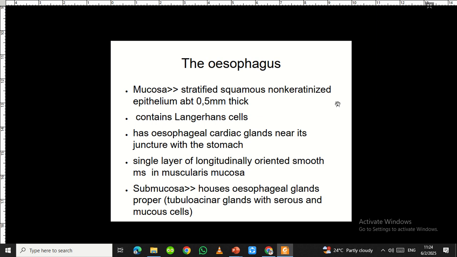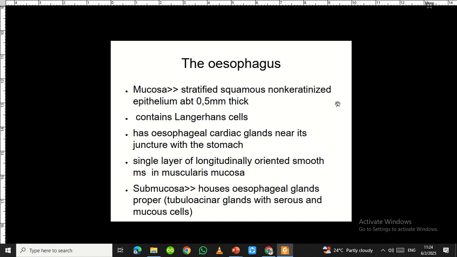And it is very important to take note of this, that the esophagus is going to have glands in the submucosa that are called esophageal glands. And when the esophagus is now entering the stomach, you're going to have what you call esophageal cardiac glands.